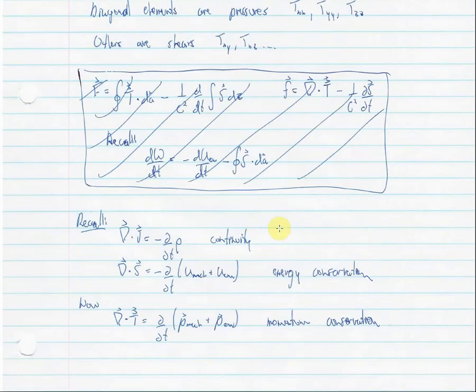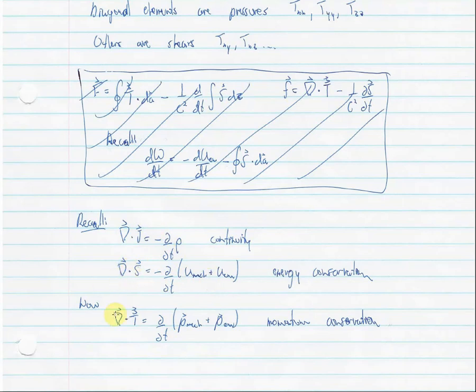So the reason why it's important is that in what we were just discussing, from the continuity equation, we had the divergence of J is going to be the rate of change of the charge density, and we had the divergence of the Poynting vector is the rate of change of the energy stored in the field. So this is energy conservation.